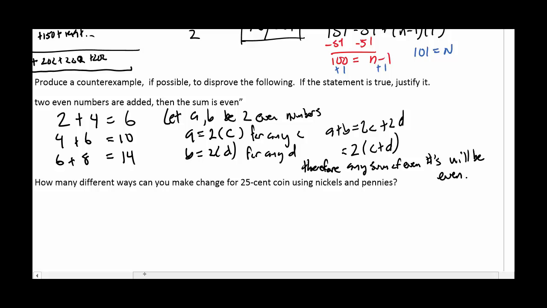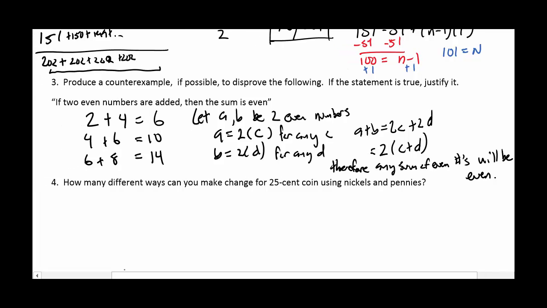Okay. Now, before you stress out about this too much, what actually would be a good answer to this type of question? I was not able to produce a counterexample, and so the question then became, if it's true, then justify it. Give me a reason why. And this is the route I chose to go with: let me just pick two even numbers.